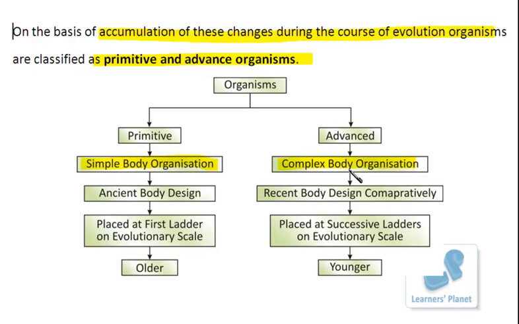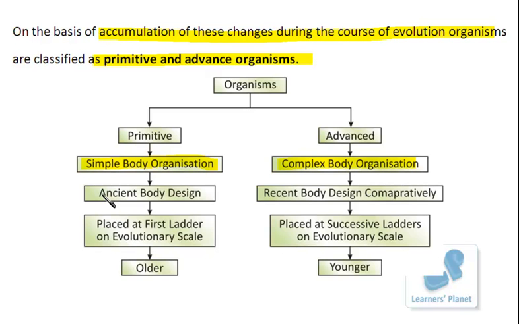Second thing is that these organisms, primitive or advanced, have their body design as a result of accumulation of variations. So these simple organisms must have evolved previously in the course of evolution. This is why they have the simple body. In the earlier slide, I already explained that evolution is responsible for the shaping and generation of diversity.